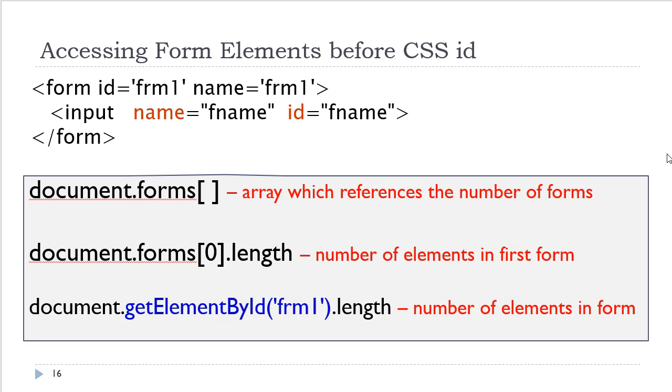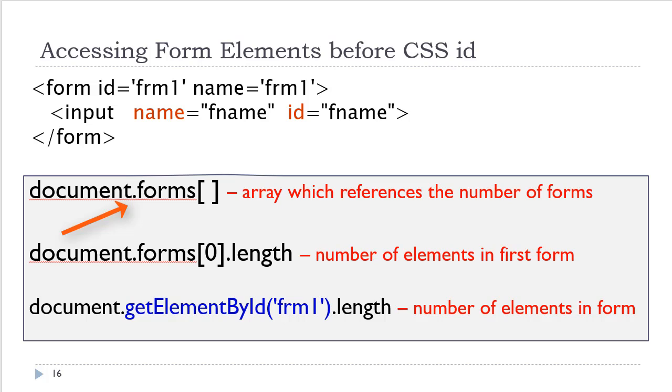In the early days of HTML, we had forms. However, we didn't necessarily have CSS, and we definitely didn't have the DOM, but we had forms in JavaScript. So there were some earlier, more primitive ways to access the form and form elements, which I will just briefly cover. We have the document.forms array.